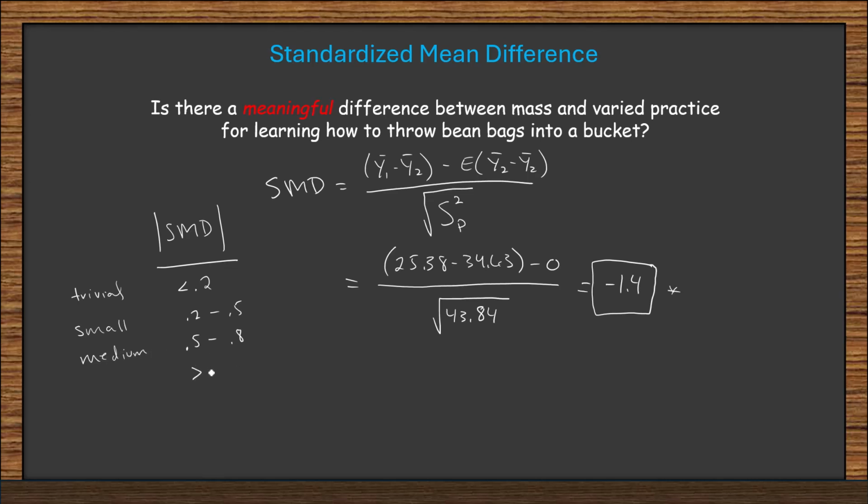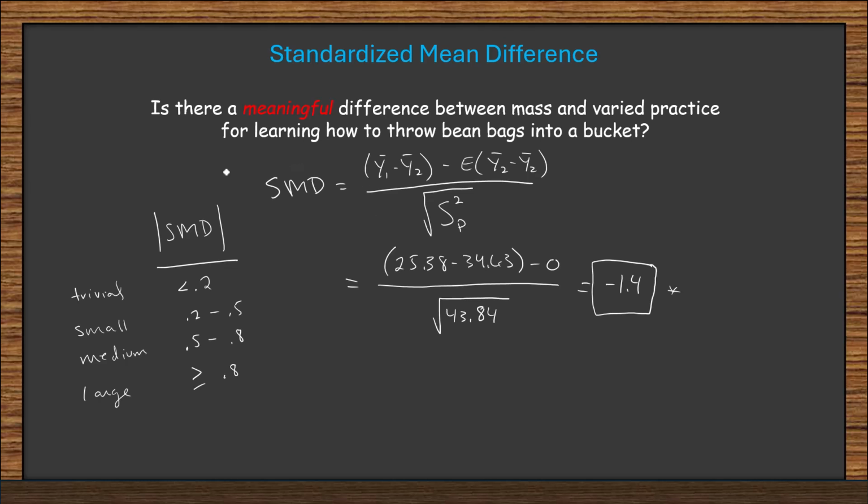And anything greater than or equal to 0.8, we often consider large. Now, these are initial benchmarks that you can use to judge the difference between two groups. However, it's important to note that these benchmarks could change based on the context of your study. So you may want to develop your own benchmarks given your field and what you are actually studying.